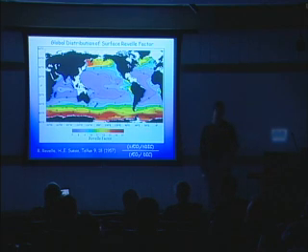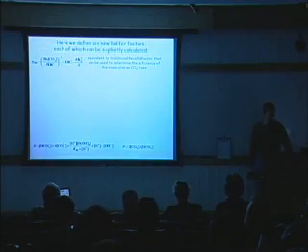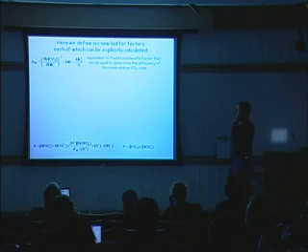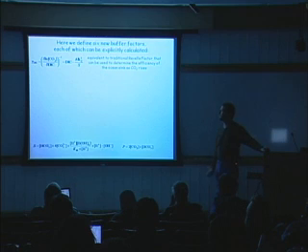The problem with this is that this Revelle factor cannot be explicitly calculated given the way that the formula is put together. So what we've done, this is some work that I've got in press in Global Biogeochemical Cycles, and this wasn't in your reading material, but I can give it to you later.